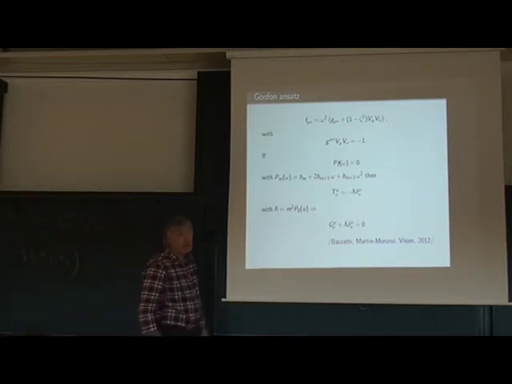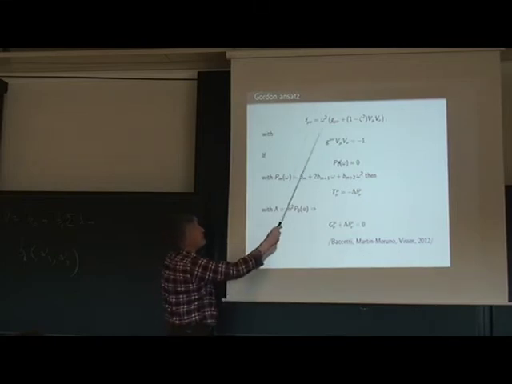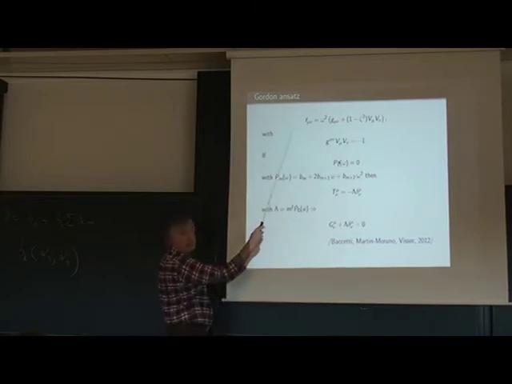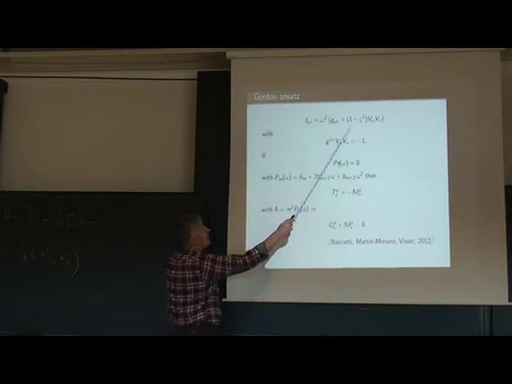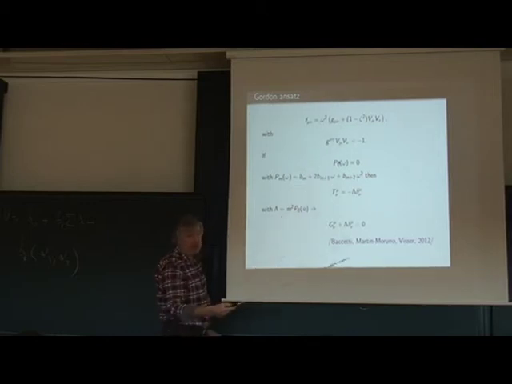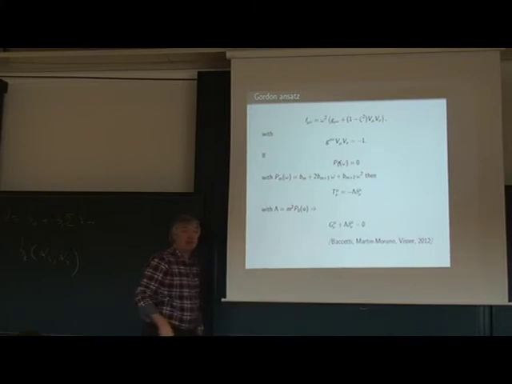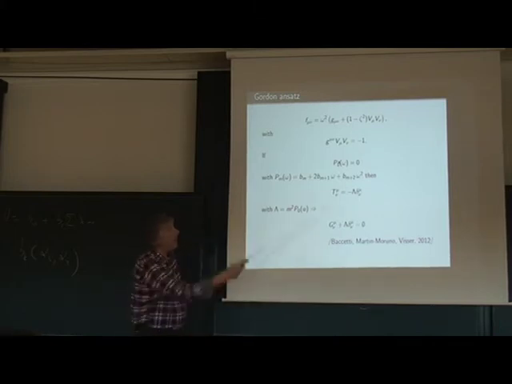It is enough to make sure that the two metrics G and F are related by this condition, where omega and zeta are functions, and V is a time-like unit vector field.